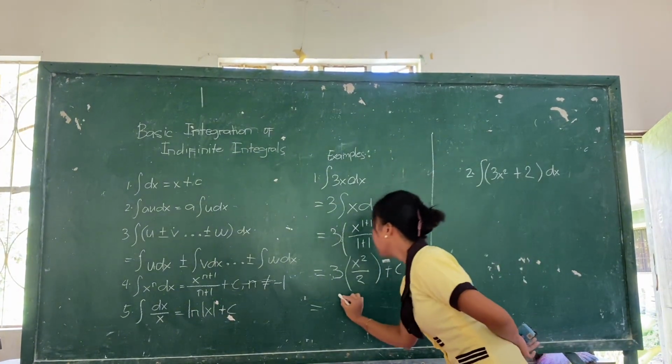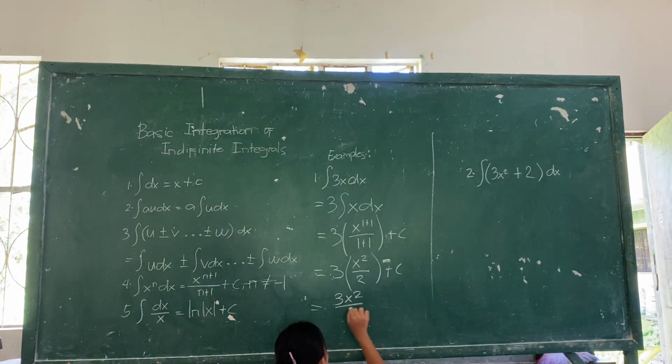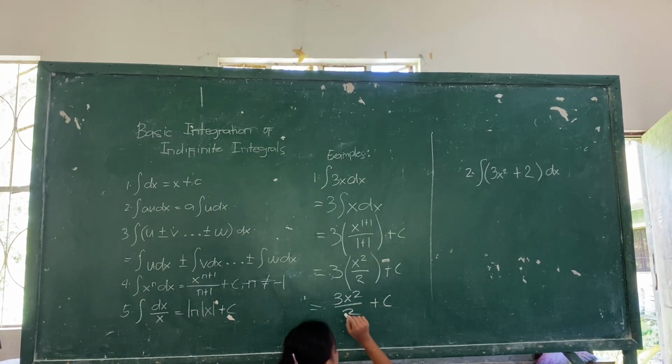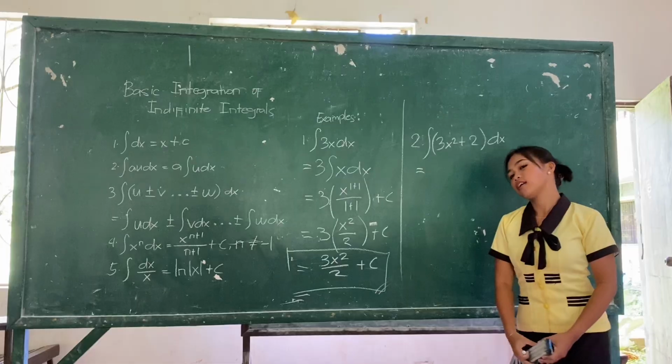Multiply: 3x squared over 2 plus c. And this is your final answer.